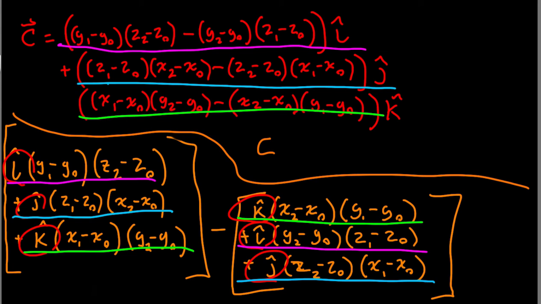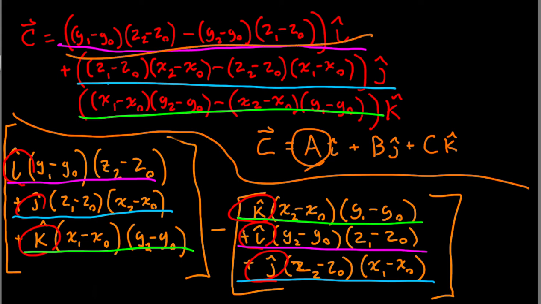So I'm just going to say that c is equal to a i plus b j plus c k, a different c. That's all I'm going to say, right? Because these are just constants. These are just the points we started with. a, b, and c are all just constants. This is our vector here, c, and we know that inside a, we really have all that stuff.